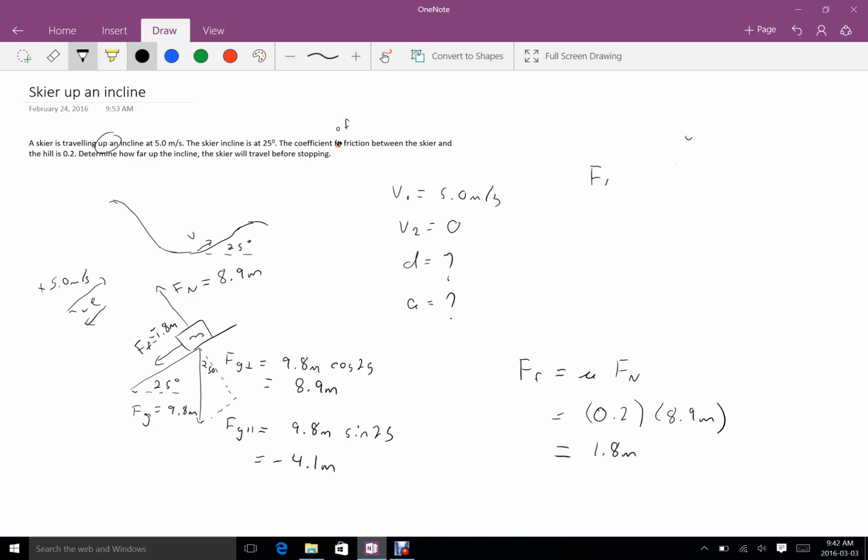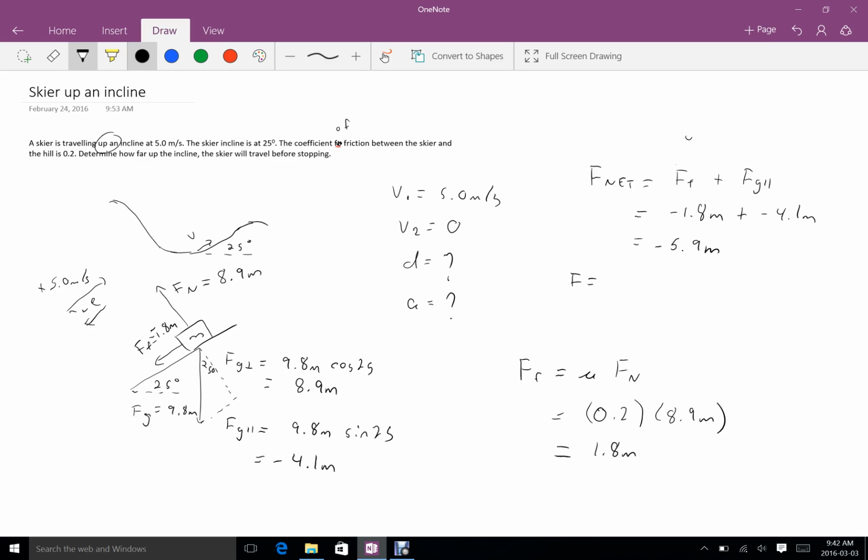So my net force is equal to my force of friction plus my force of gravity parallel, so negative 1.8 m plus negative 4.1 m for a total of negative 5.9 m.